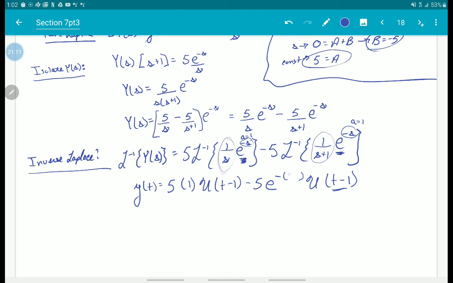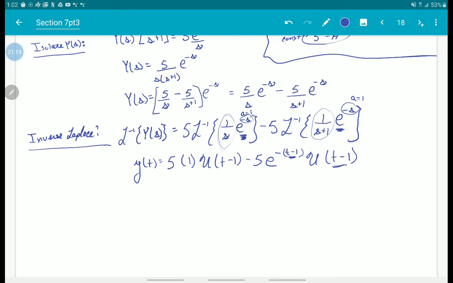Whatever goes in here for t has to go in here for t. So we could rewrite this as 5 minus 5 e to the negative (t minus 1). And think about just kind of factoring that unit step out.